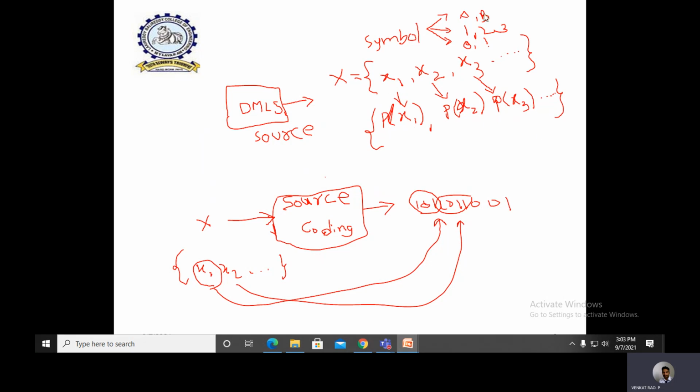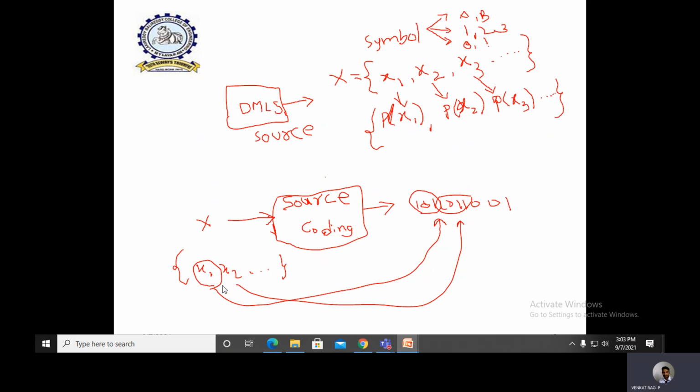Here the symbols may be letters, numbers, or special characters, as we already said. Based on the probabilities of each symbol, we can apply Shannon-Fano coding or Huffman coding. Source coding means assigning a group of bits to each symbol coming from the discrete memoryless source.